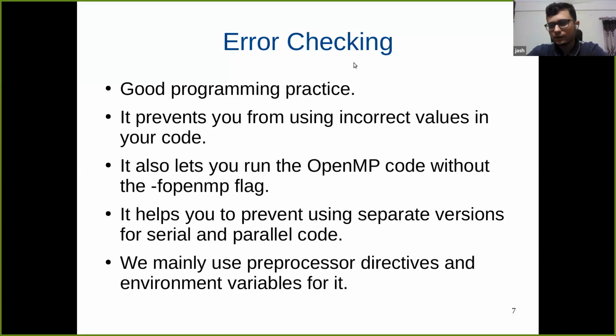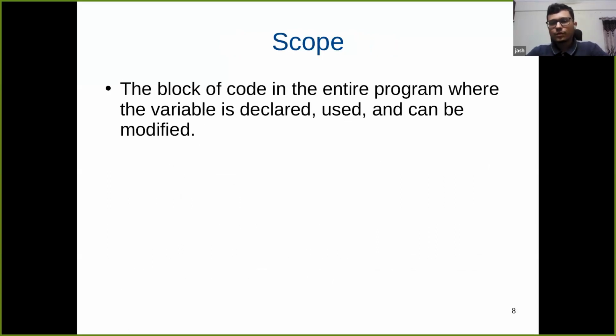Let us go to the scoping part. The scope of a variable is nothing but the region inside your code where the variable can be used and modified. That is basically the scope of the variable.